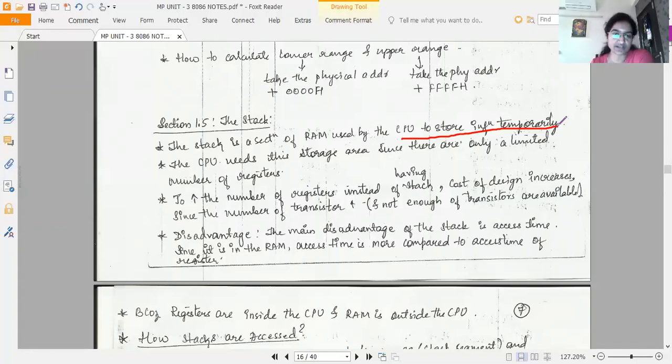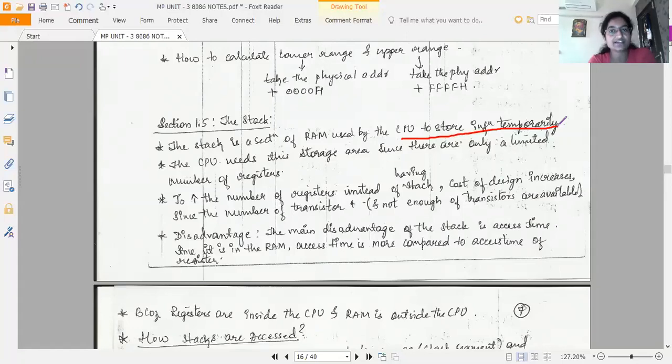Then one question might arise: why can't we increase the number of registers, and why do we have to use the stack? It is because if we increase the number of registers, the number of transistors used has to be increased.